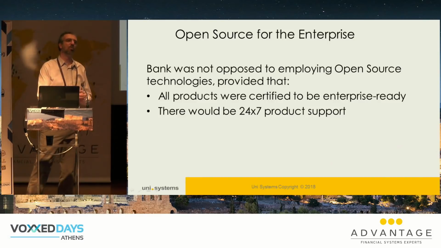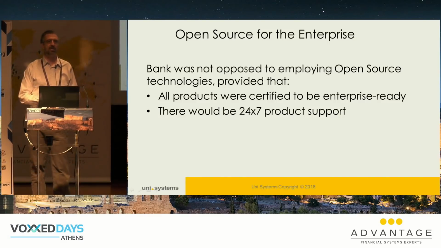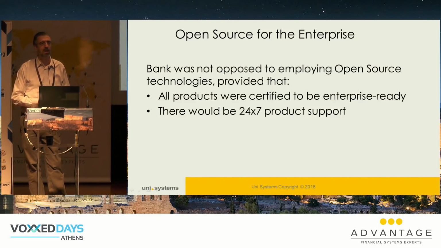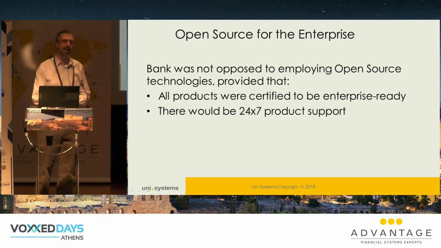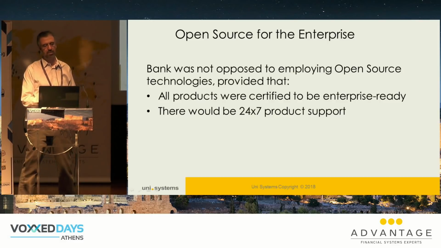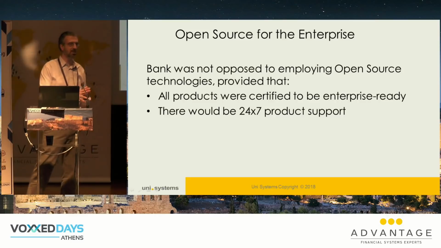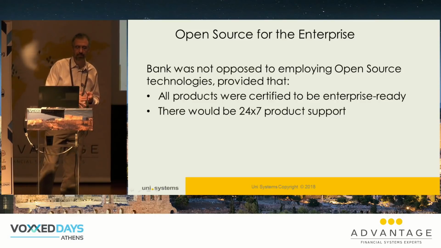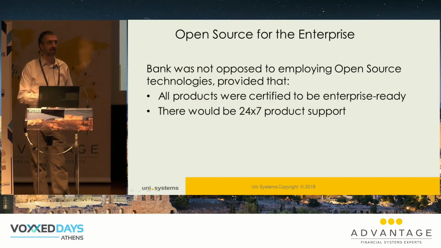So, we talked about all these nice open source tools, but we are in the enterprise, okay? And the bank was not opposed to using open source technologies, but they said, okay, wait a minute, are you sure that all these products are certified to be enterprise ready? And I need 24/7 support, okay?